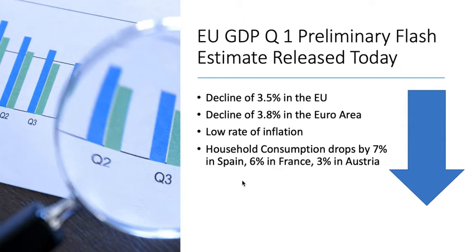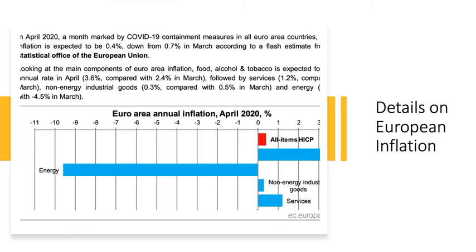Europe is reporting a very low rate of inflation during the first quarter, but it's spotty, and we're experiencing the same kind of thing here in the United States. So let me show you. These are the European numbers today, where overall Europe's rate of inflation for April was 0.4%.